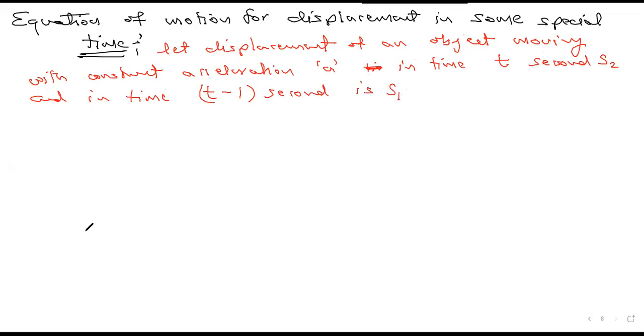Got it? What I supposed, t सेकंड में डिस्प्लेसमेंट s2 है, t minus 1 सेकंड में s1 है। 10 सेकंड का 10 मीटर था, 9 सेकंड का 80 मीटर था। Got it?